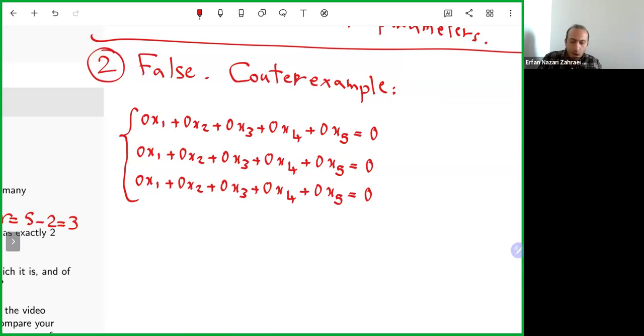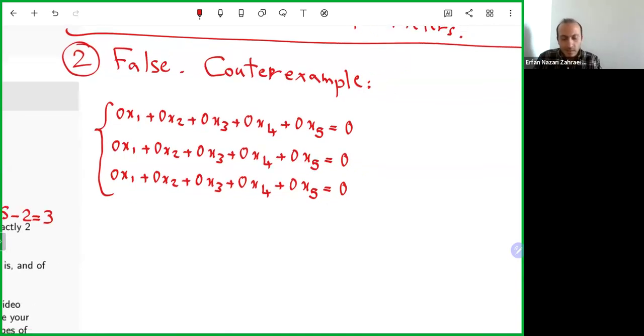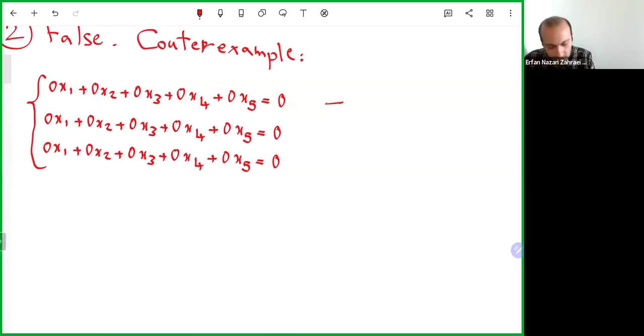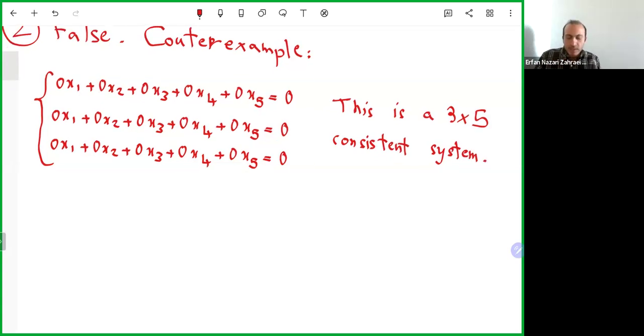And how many parameters does it have? So let me explain this. This is a 3 by 5 consistent system. To read how many parameters I have, I should talk about rank. Rank is 0.